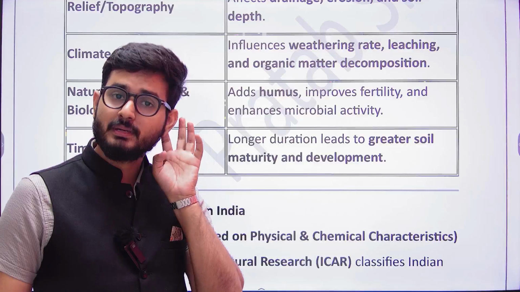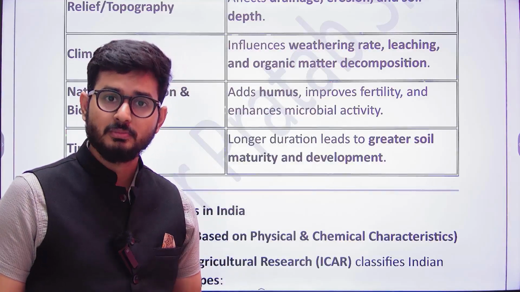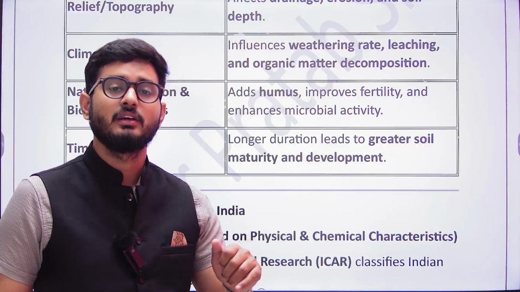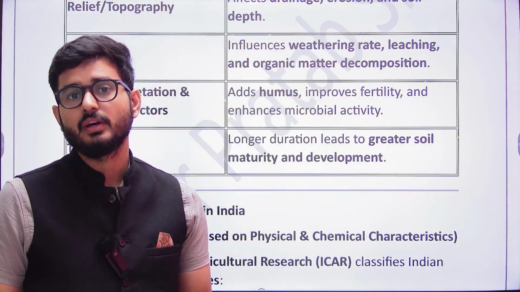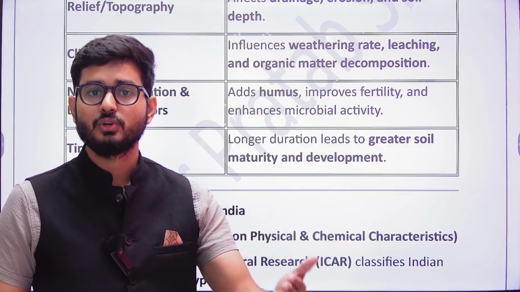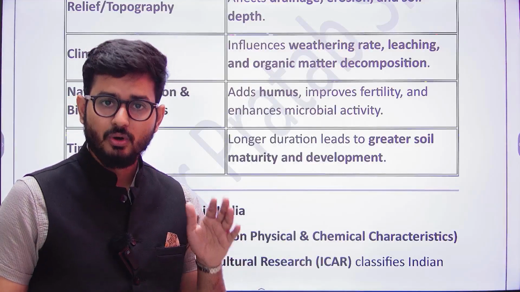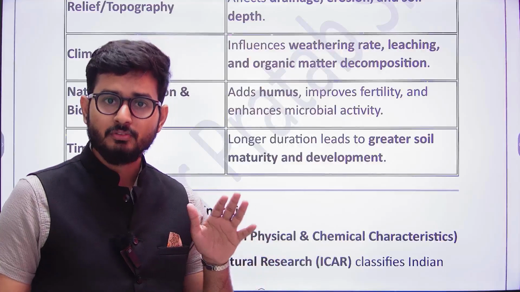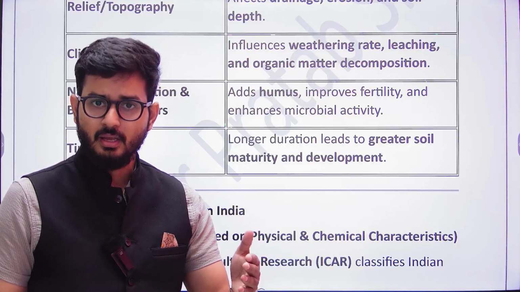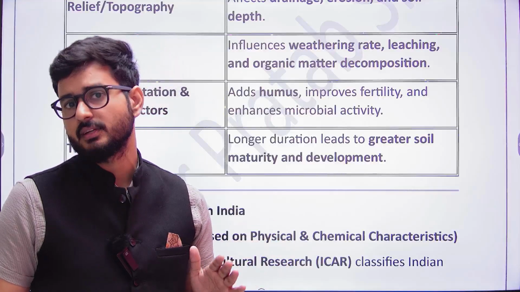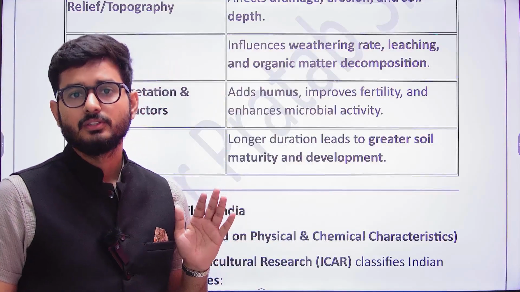This varying degree of precipitation and temperature is going to impact the rate at which the soil is going to be created. So a normal precipitation and temperature would lead to normal creation of the soil in the time period, but an extreme precipitation and temperature would lead to fast or slow creation of soil.